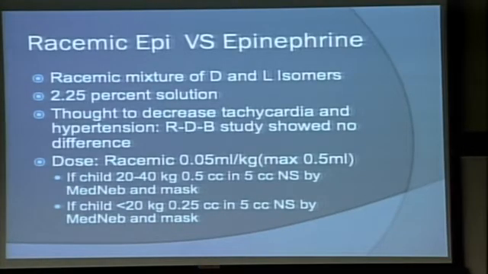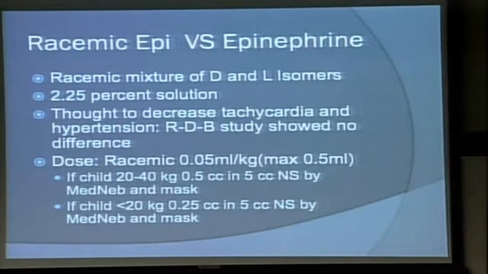So, what about racemic epinephrine? Now, the United States and Canada is the only place I know that has racemic epinephrine. They don't make it for use in other countries, to my knowledge. Maybe England. Racemic epinephrine is a mixture.